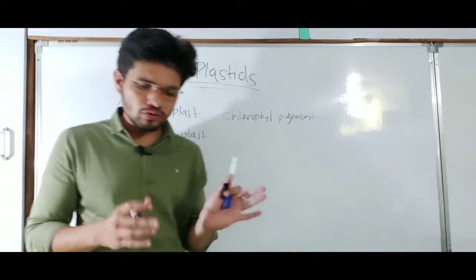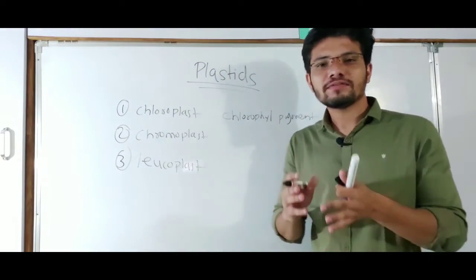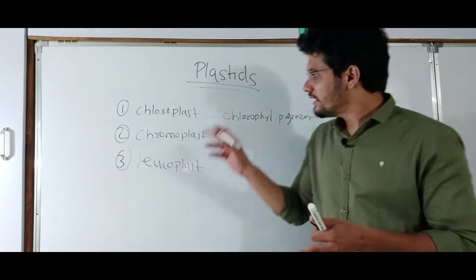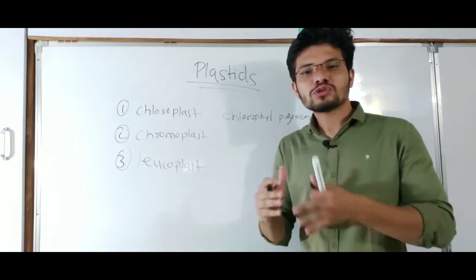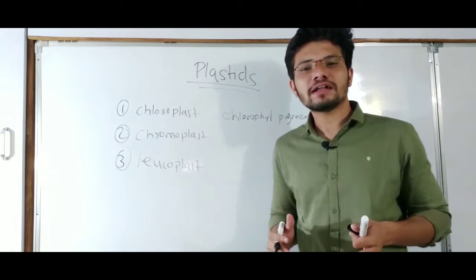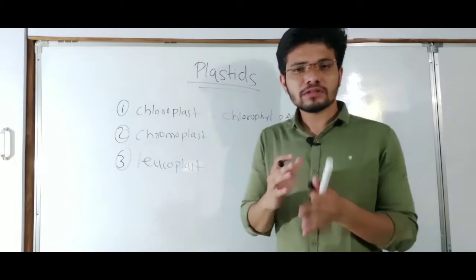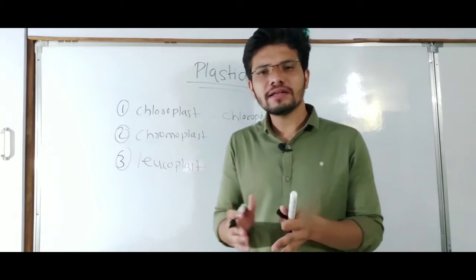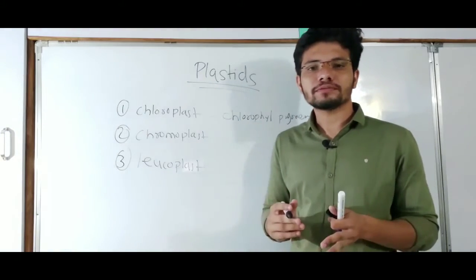Because of the chlorophyll pigment, chloroplast has a green color. That's why we can see the color of plants is green. All parts of plants which are green in color are green because of this chlorophyll pigment.